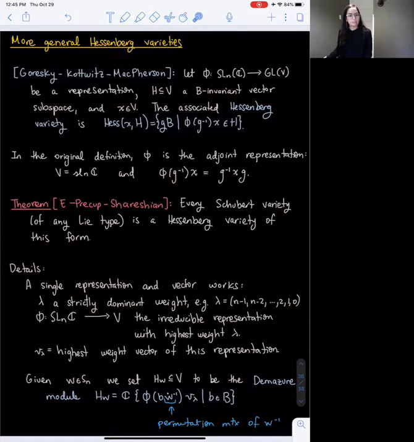And then the fact is that X sub w is going to be the Hessenberg variety of B, lambda, comma H sub w.